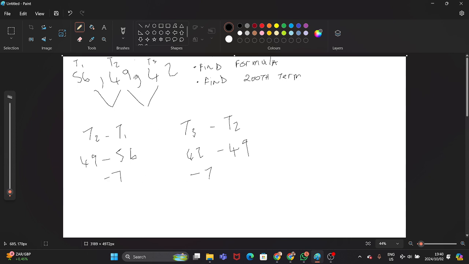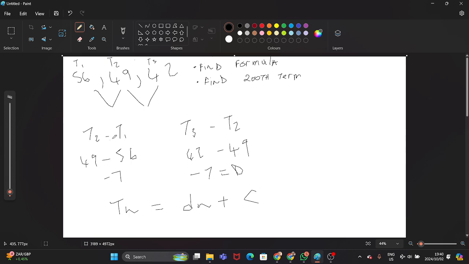So if these number patterns have a constant difference, then we know we have to use the formula Tn is equal to Dn plus C, right? And we can see that this is a constant difference that is equal to D, right? So we know that D is equal to -7. And the only other variable that we need to find is C, and then we'll have everything we need for the formula of this number pattern.